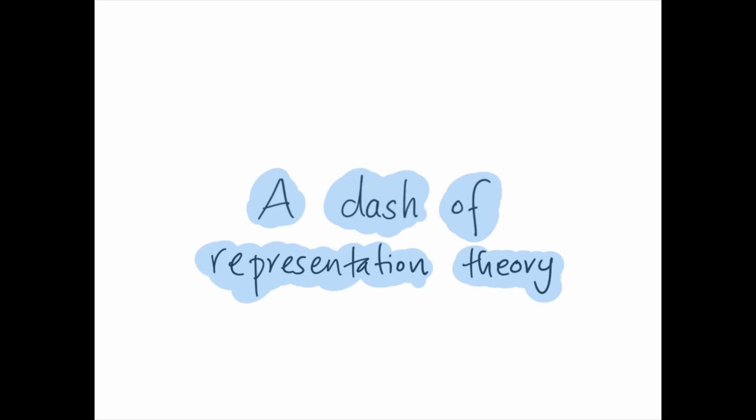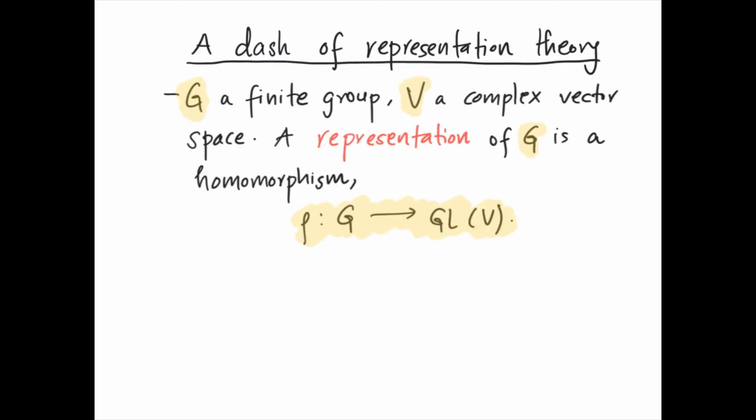To approach the proof of this lemma, we will use some representation theory. So here's just a dash of representation theory to recall, just to keep this talk self-contained. And I won't develop representation theory in the most general case, just in the setting that I need for my proof. So let G be a finite group and V a complex vector space.